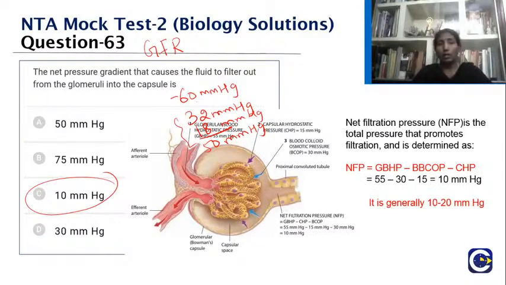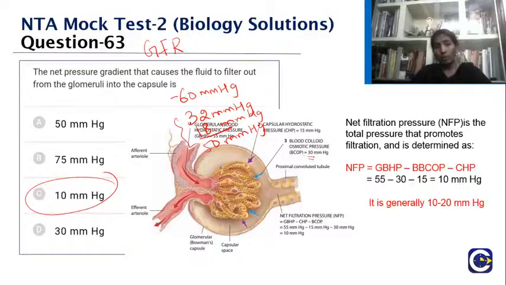So here, children, you have the tuft of glomerular capillaries. Here you have a pressure exerted from the glomerular capillary, the glomerular capillary hydrostatic pressure, which is 60 mm Hg. The proteins in the glomerular capillaries exert the blood colloidal oncotic or osmotic pressure, which is around 32 mm Hg.